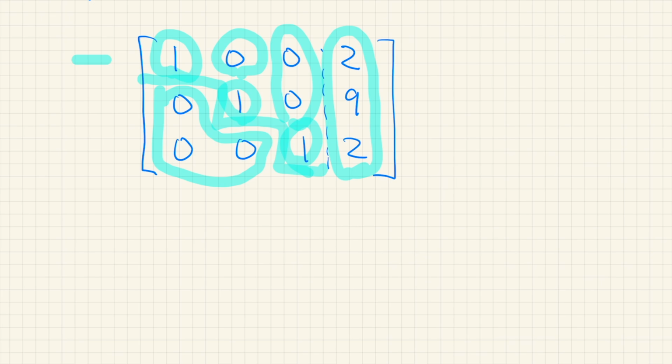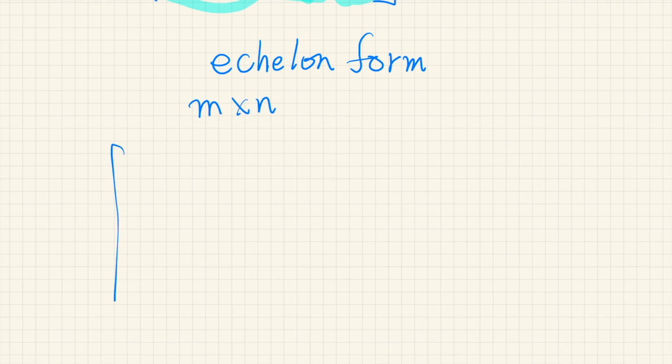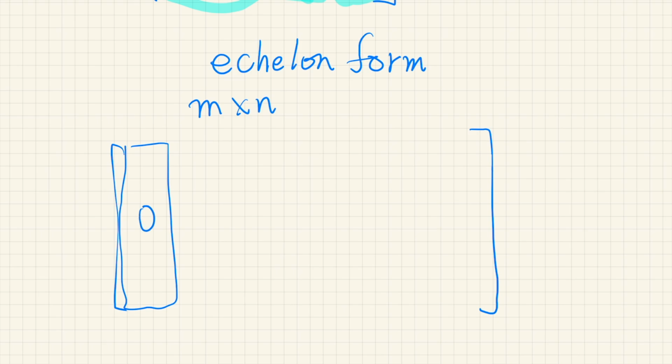Now we turn to a more formal definition. Before we introduce the reduced echelon form, we first define the echelon form. So consider an m by n matrix. That matrix is said to be in the echelon form if the following holds. First, there may or may not be some columns, 0, 1, or 2 or more columns, that are all zeros.